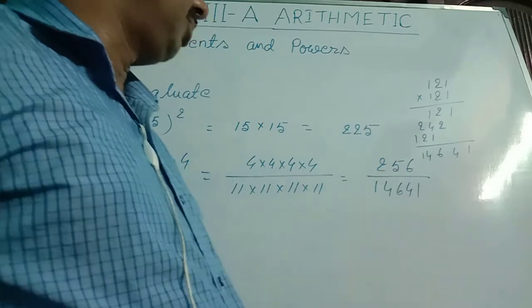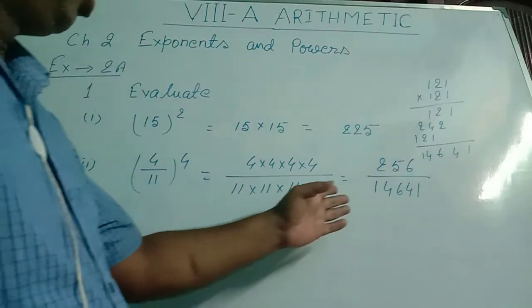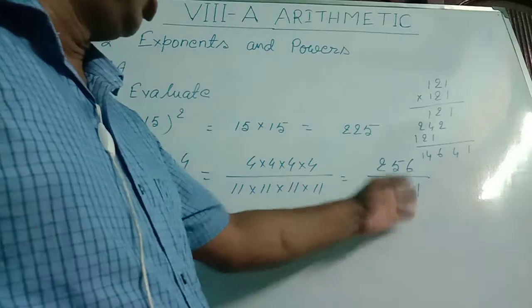This multiplication became 256 by 14,641.